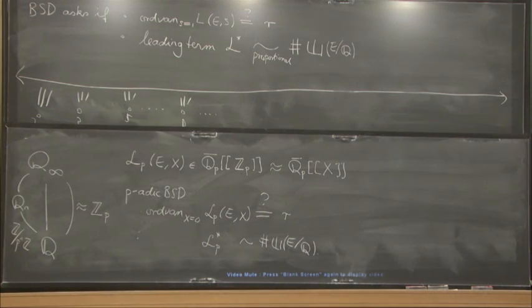One advantage of this p-adic version is that it behaves well in families. So you can say something about what happens for each of these Q_n sitting inside the cyclotomic tower.